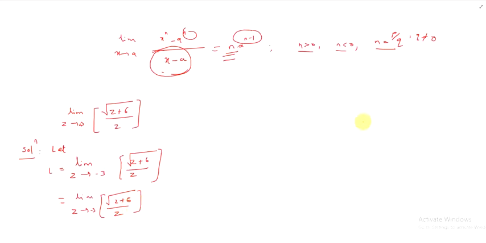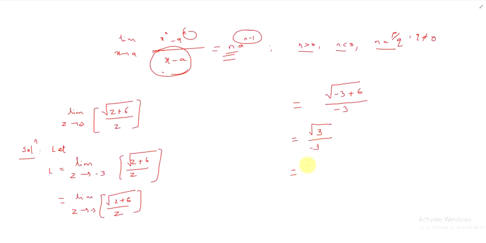Replace z by minus 3. Therefore we have root of minus 3 plus 6 upon minus 3. This is equal to root of minus 3 plus 6, which becomes plus 3, upon minus 3 as it is.